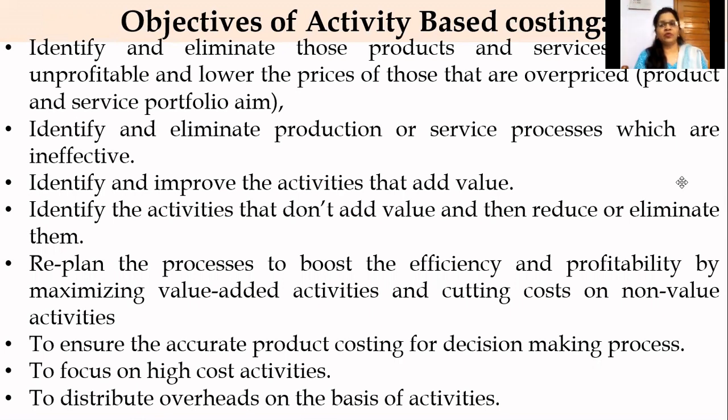So when we go in depth, when we study in detail every activity of the production process, we can identify those processes which do not bring any effective result in the production. So such activities can be totally eliminated.